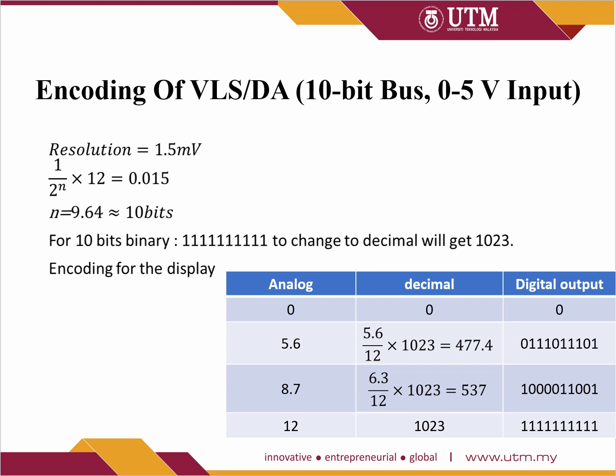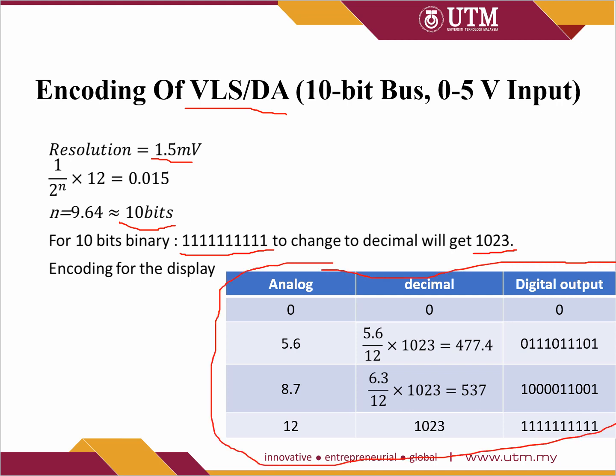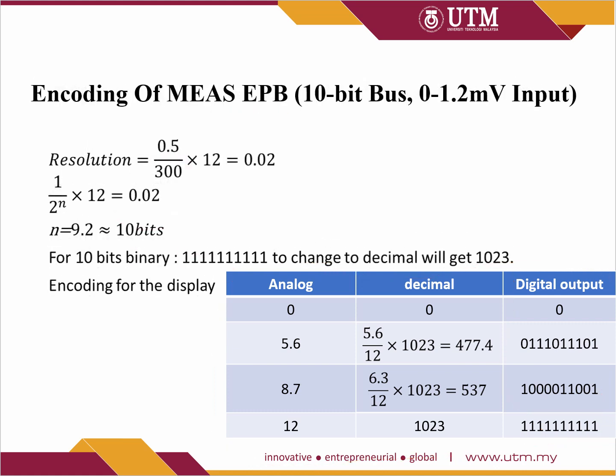Encoding for the speed sensor VLS-DA: we have the resolution 1.5 millivolt, and then we get the number of bits, 10 bits. From the 10-bit binary we get the decimal number 1023. Also we use this table to get the digital output code. The third encoding is for the pressure sensor, where we also have the accuracy 0.5.